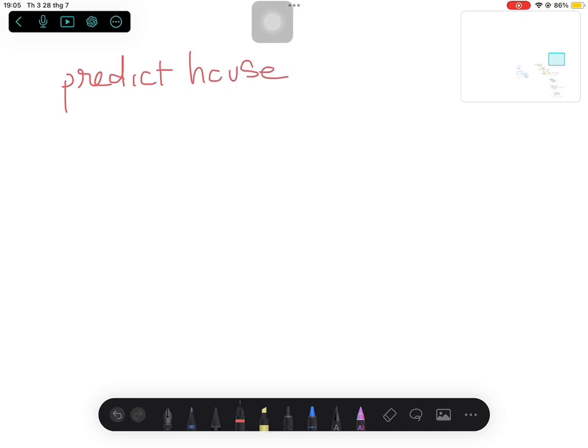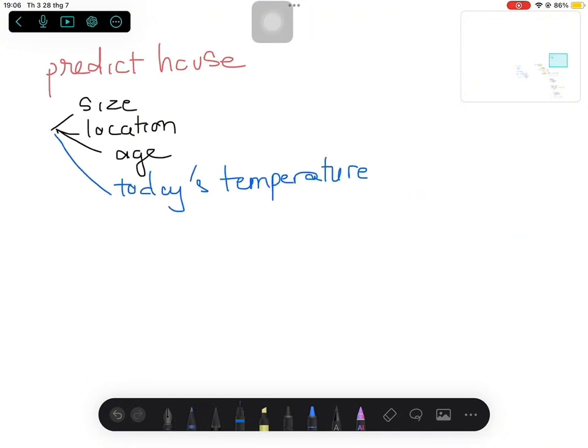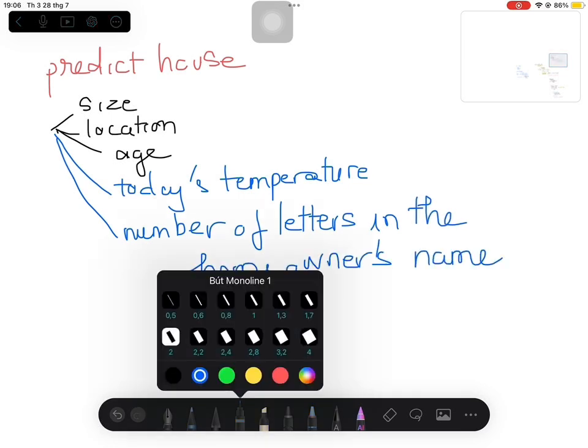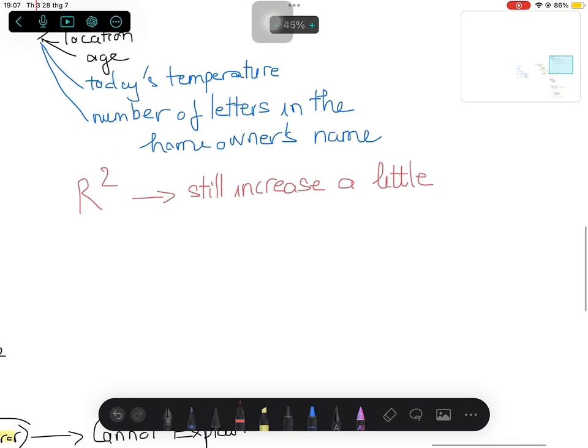Imagine predicting house price. You already use size, location, and age. Then you add today's temperature or the number of letters in the homeowner's name. Those variables probably don't belong. Yet R squared may still increase a little.